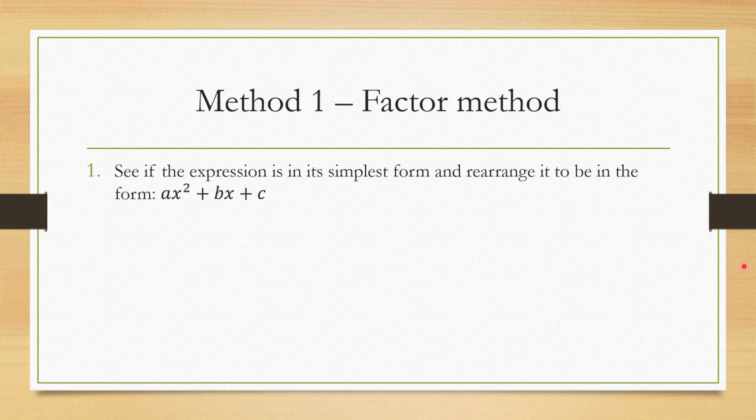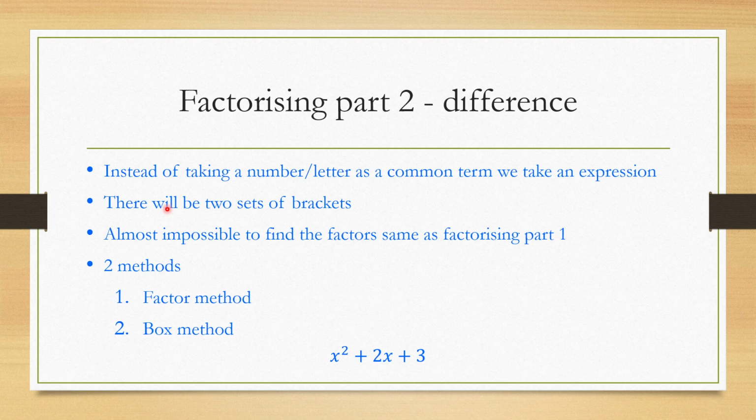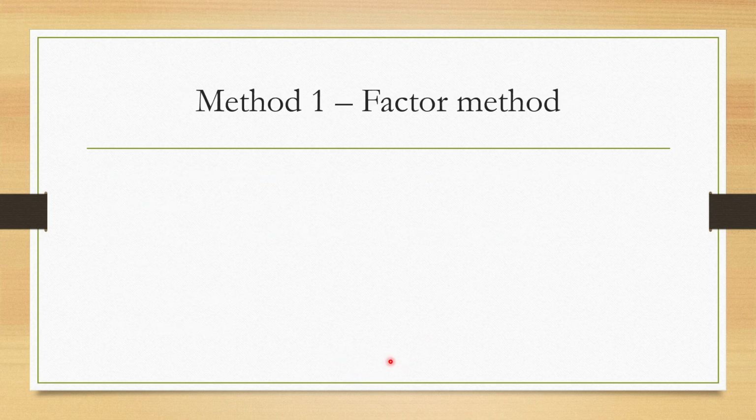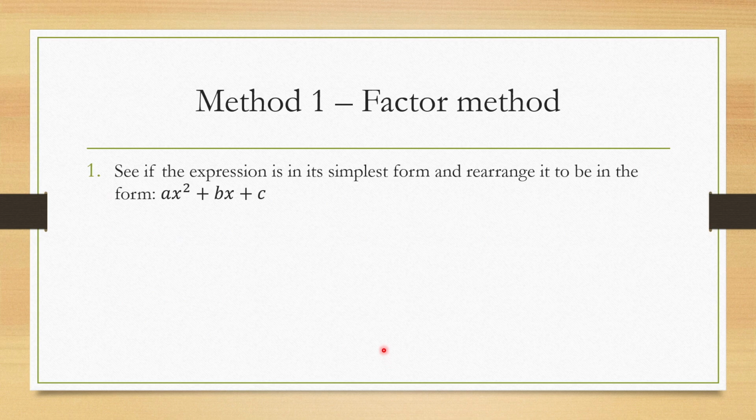They can use a squared, a, b, c, d, whatever. But the values of a, b, and c can be any number. For example, in here, the value of a is 1, the value of b is 2, and the value of c is 3, where you have the x squared and x. This is what you should aim to get your expressions to look like before you start factorizing.